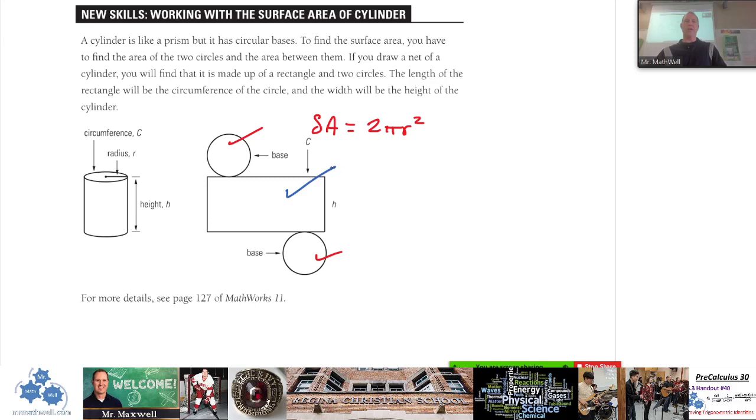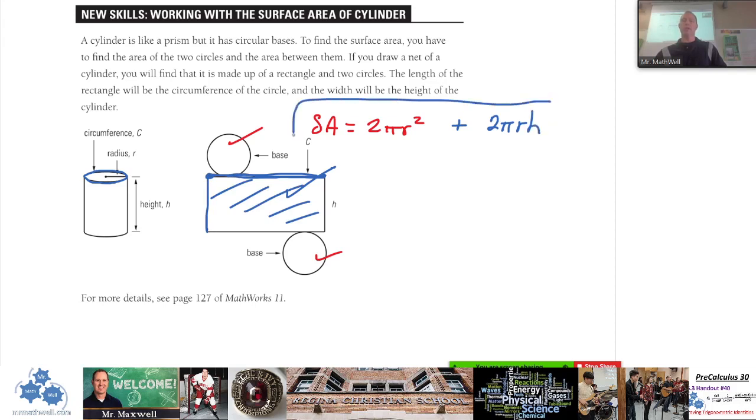Also, this wraparound base, and again, I went over this in the lessons, but the length of the wraparound part is the same as the circumference of the circle. So the circumference is 2 times pi times radius. That's the length of the wraparound part. And then, of course, to find the area of that, you multiply by the height. So 2 pi r h. This is the surface area for a cylinder. The 2 circles on top and bottom and the wraparound part.